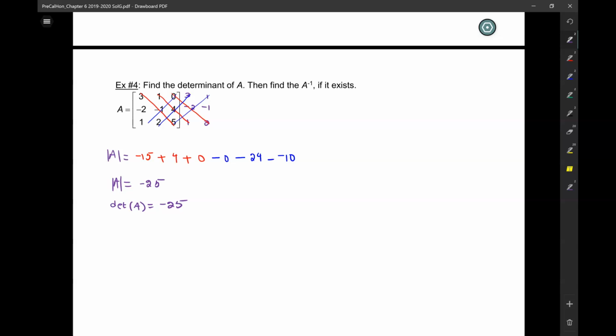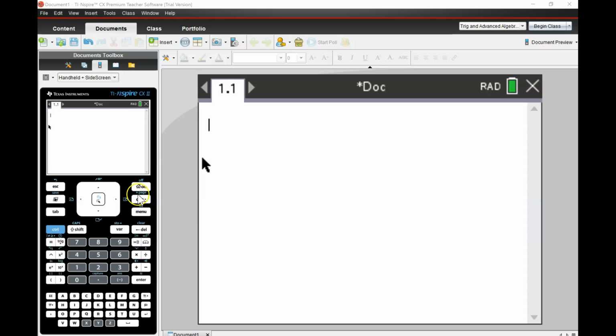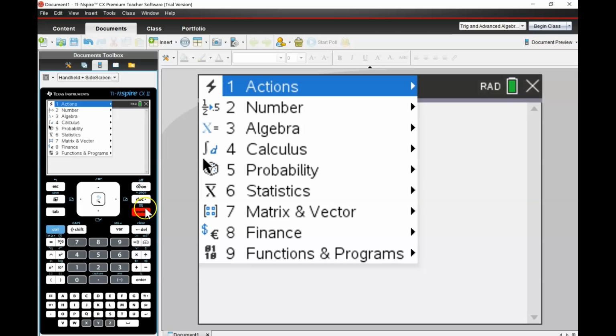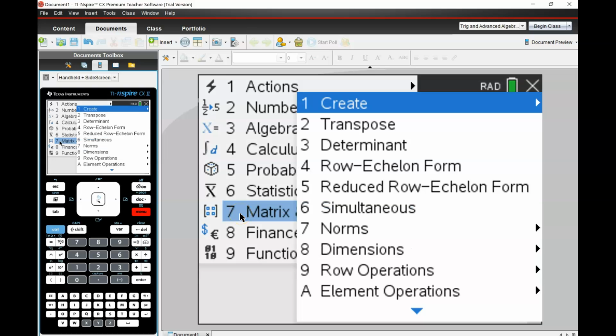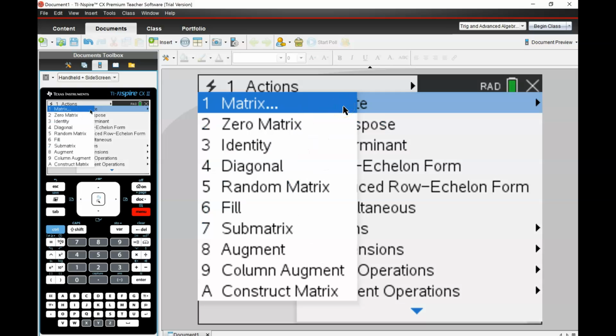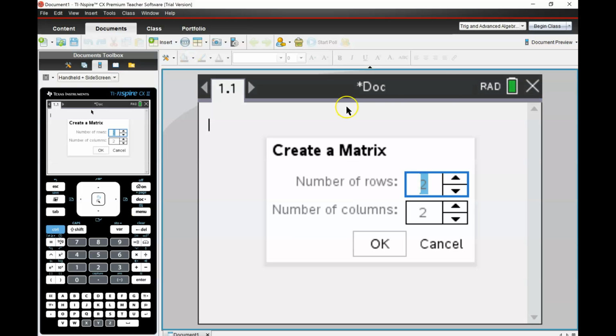Cool? In your calculator, here's what you're going to do. You're going to go to menu. Look at number 7, Matrix and vector. And yes, we do want to create a matrix. Number of rows: we're going to do A that we were just doing, so 3 rows, 3 columns, press OK.